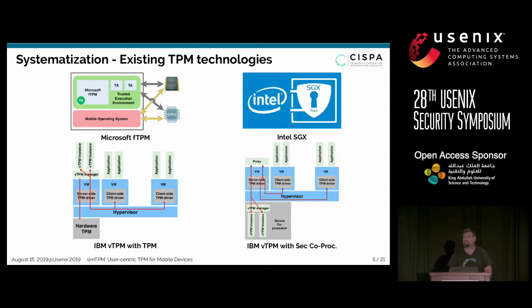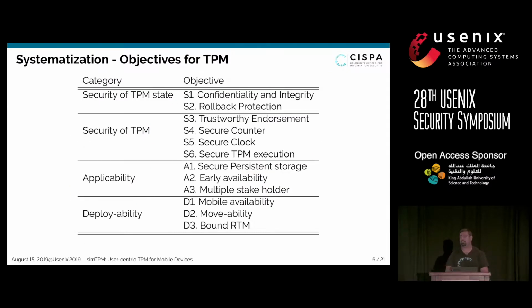Now, to do a systematization, we need a set of objectives. Here, the objectives S1 to S6 and A1 to A3 are our interpretation of the Trusted Computing Group's specifications for hardware TPM and mobile trusted module. The objectives D1 and D2 are the objectives that we think a SIM-based TPM should have.